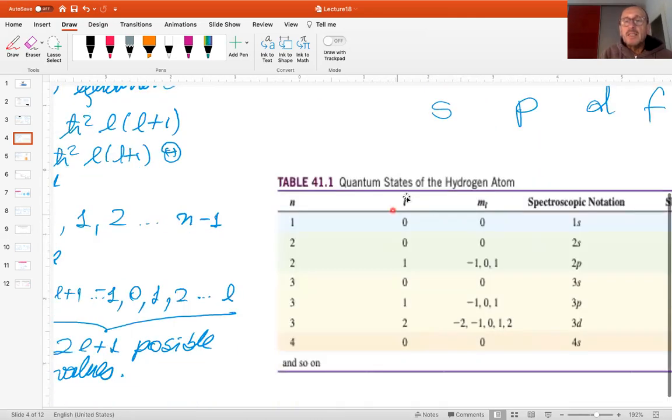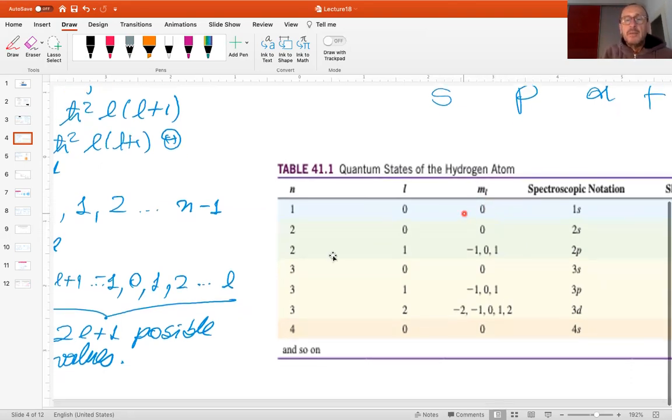L is linked to the modulus of the total angular momentum of the system, and ML is linked to the Z component of that angular momentum, which is also a quantized quantity. I'm going to get to that in a minute.